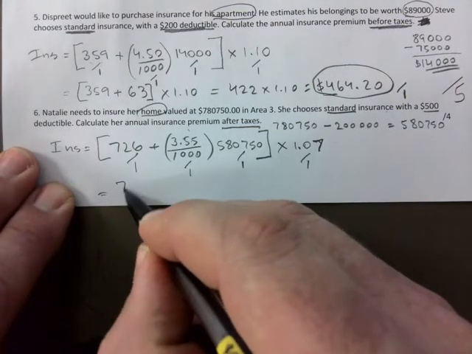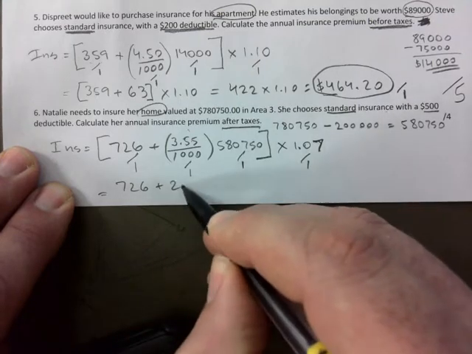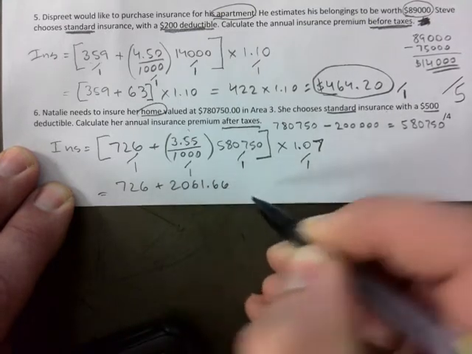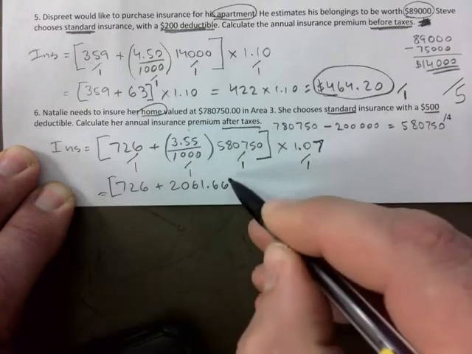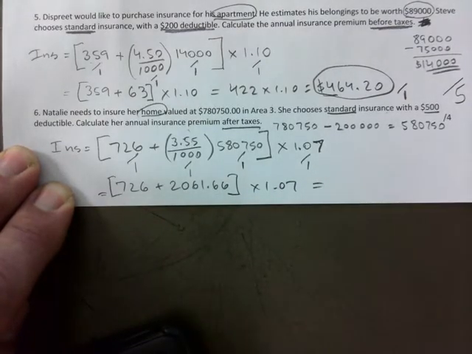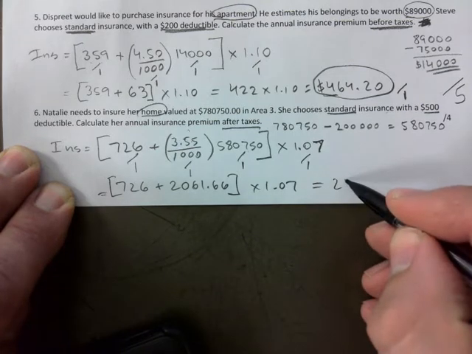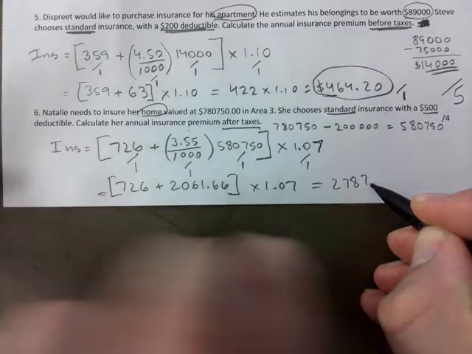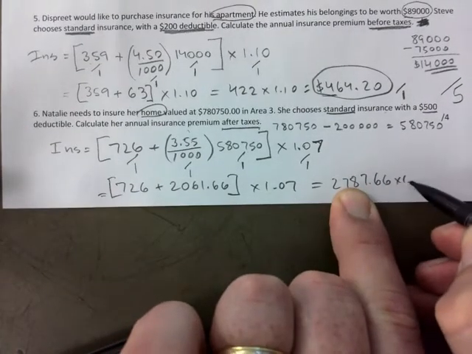Yep. So it's 726 plus the additional 2,061.66. Put that in brackets times 1.07. 2787.66 times 1.07.